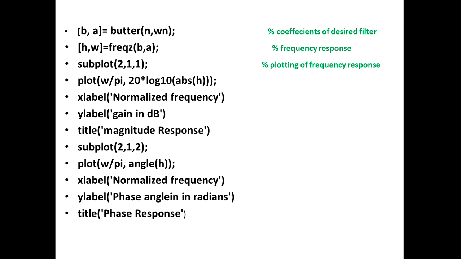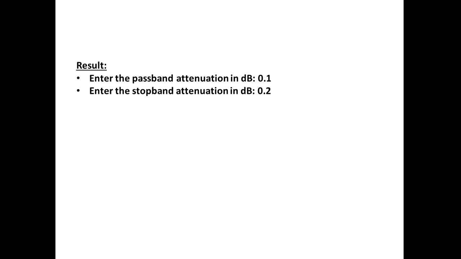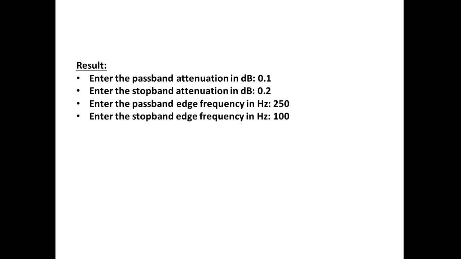Once we enter this program in MATLAB, then run the program, then input the filter specification. Here I have taken the example as AP as 0.1, AS as 0.2, FP as 250 Hz and FS as 100 Hz and the sampling frequency as 1000 Hz.